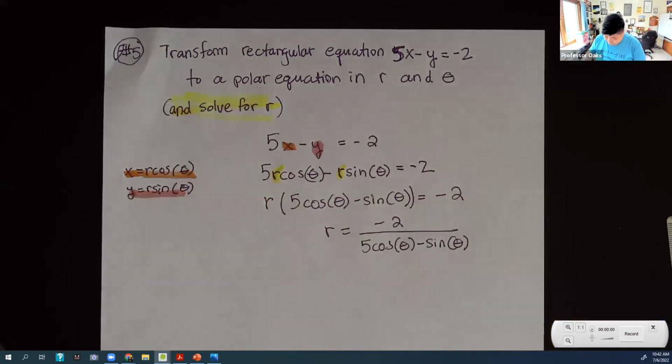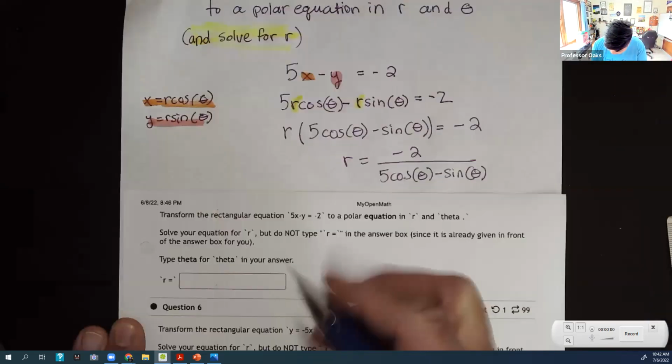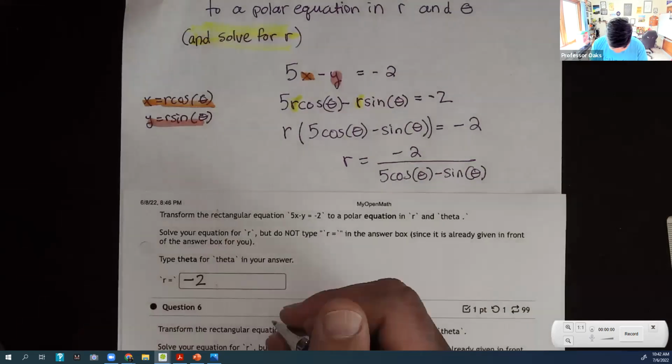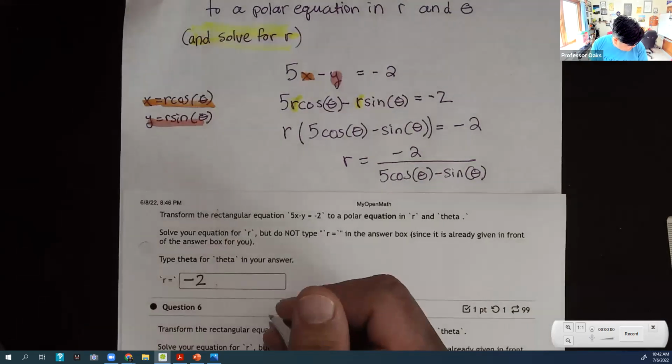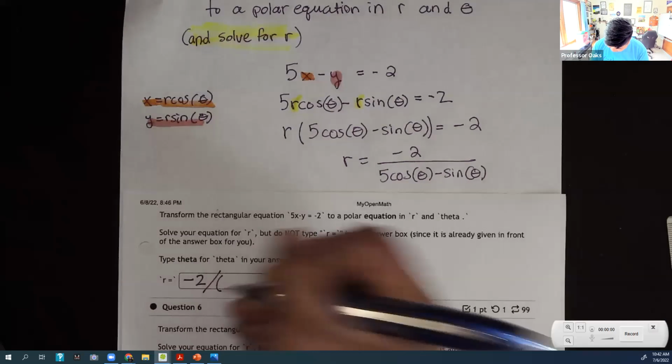They have it right here where they say do not type r equals, and type in theta for your answer.